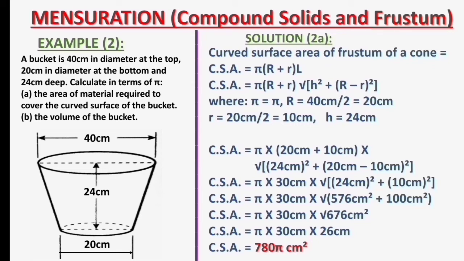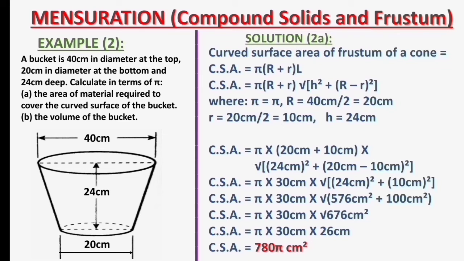The big radius is 40 centimeters divided by 2 because 40 centimeters is the diameter of the big circle. So the big radius, big R, is 40 cm divided by 2, which is 20 cm. Small radius is 20 cm divided by 2, which is 10 cm.